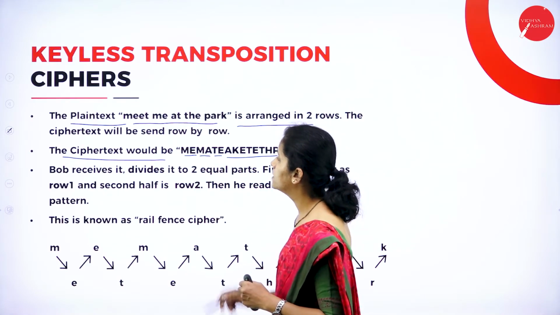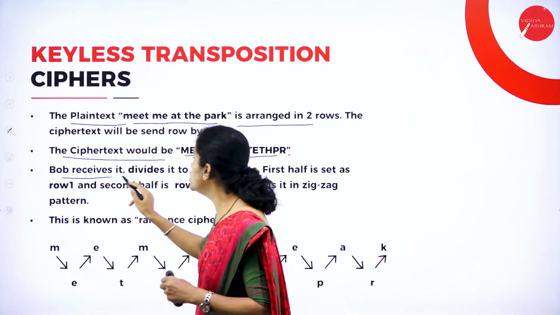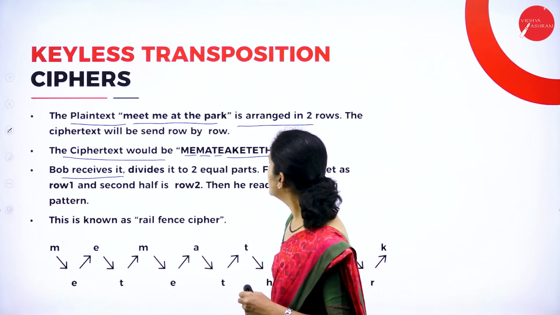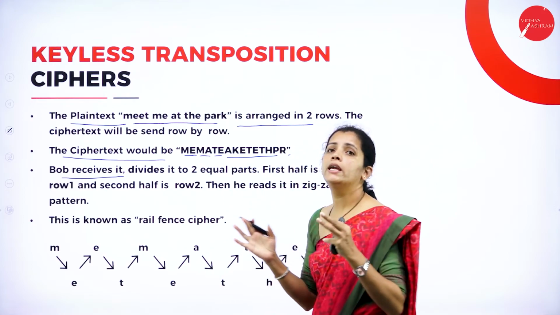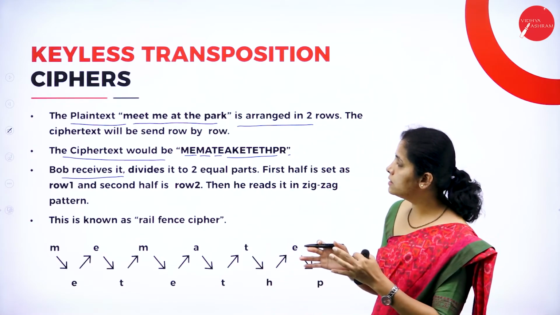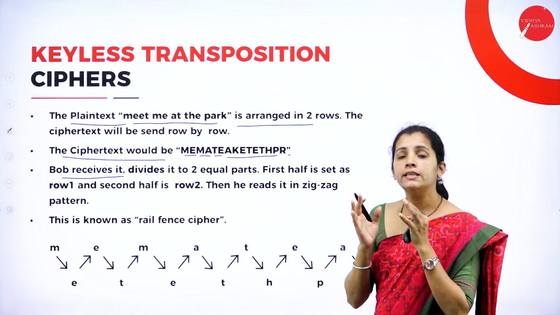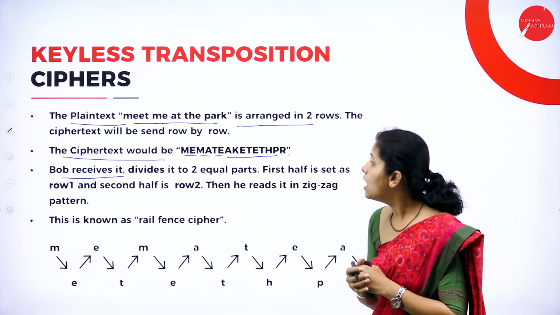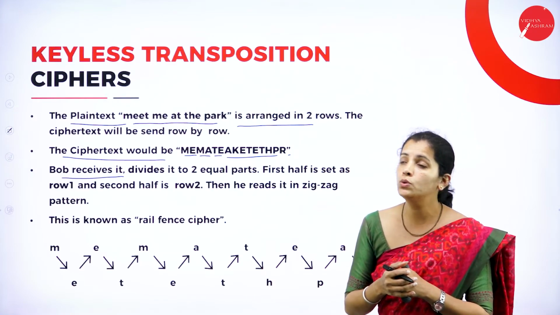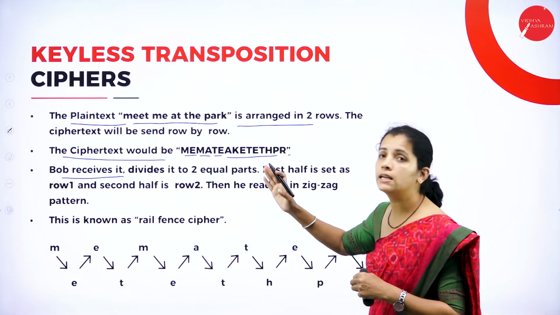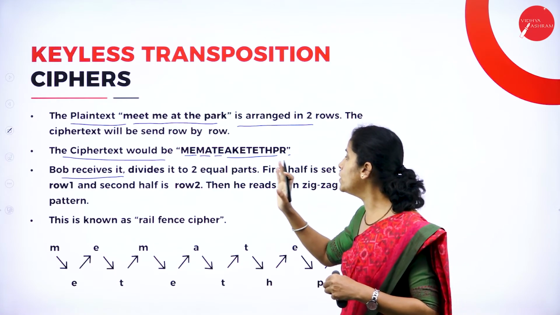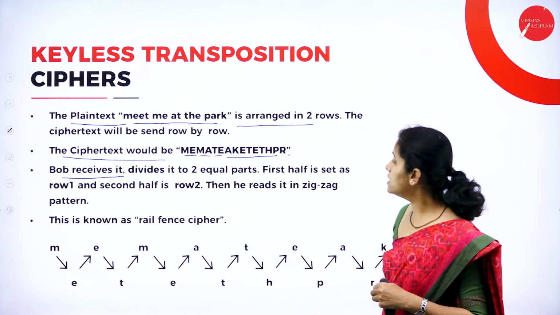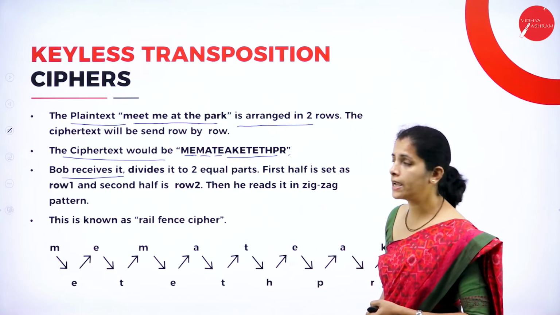The ciphertext will be MEMATE. Okay. So here Bob receives it and divides it into 2 equal parts. That means whatever the ciphertext which is sent by the sender is received by the receiver. After receiving, they divide that ciphertext into 2 equal parts, that is first half and second half.